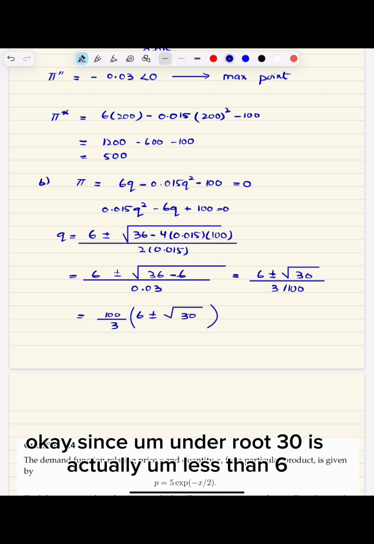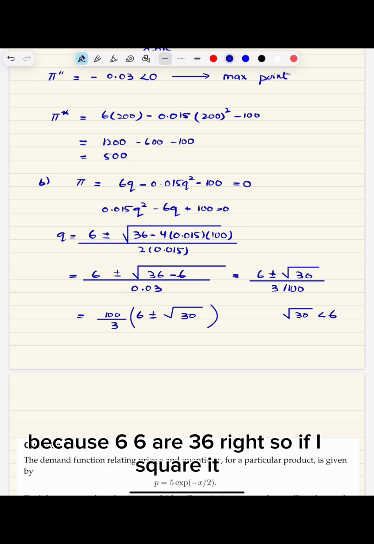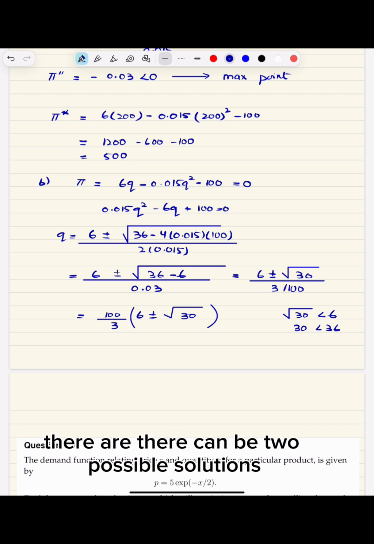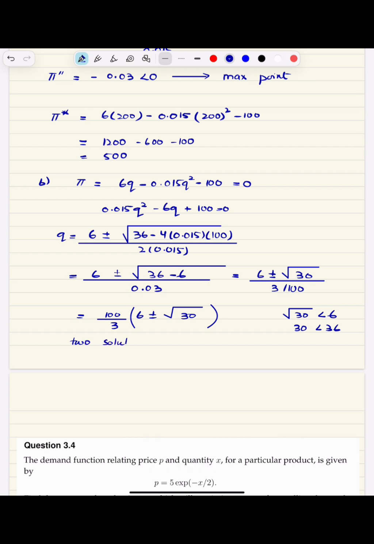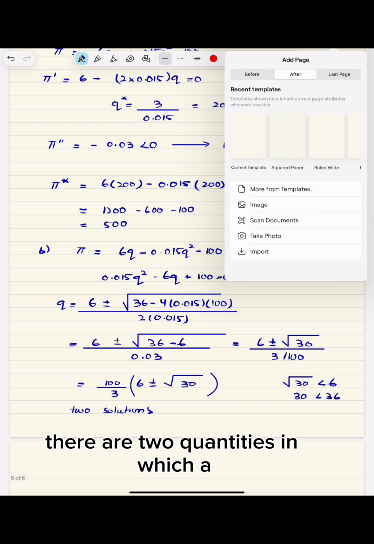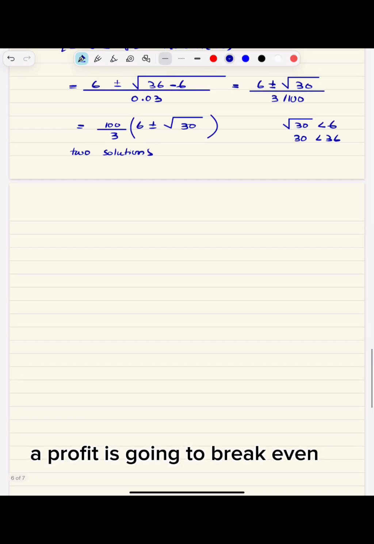Okay, since square root of 30 is actually less than 6, because 6 squared is 36, right? So this holds, which means that there can be two possible solutions. So there are 2 quantities at which profit is going to break even.